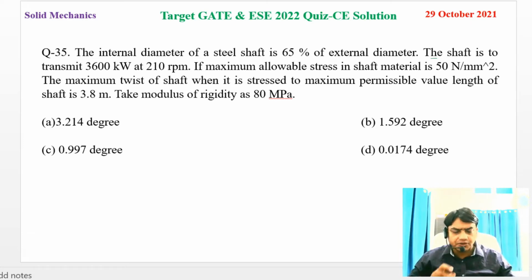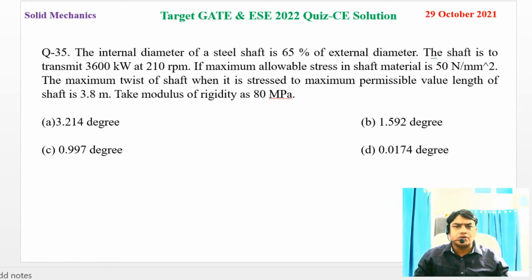Yesterday I uploaded a question related to solid mechanics. The internal diameter of a steel shaft is 65% of the external diameter. The shaft is to transmit 3600 kilowatt at 210 rpm. If the maximum allowable stress in the shaft material is 50 Newton per mm square, find the maximum twist of the shaft when it is stressed to the maximum permissible value.